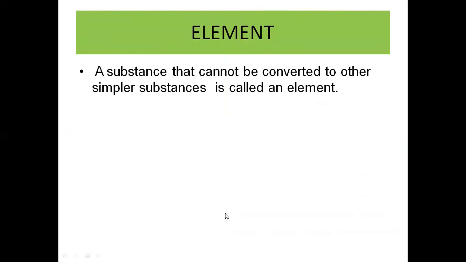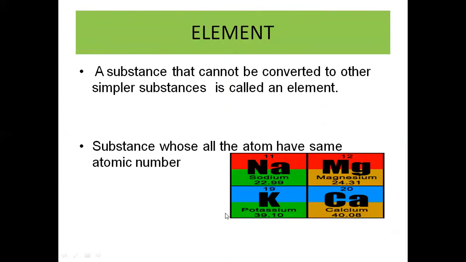Now we come to the element. What is an element? A substance that cannot be converted into other simpler substances is called an element. This is the definition. We have another definition: a substance whose atoms all have the same atomic number is called an element. Let's see examples of elements: sodium, magnesium, potassium, calcium.